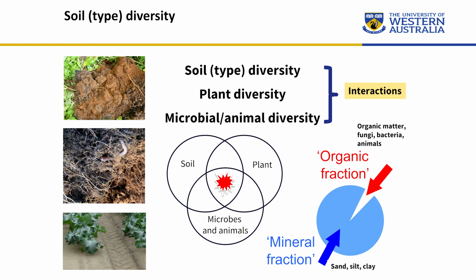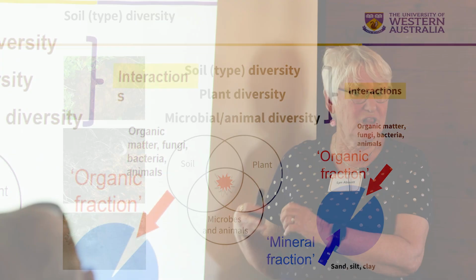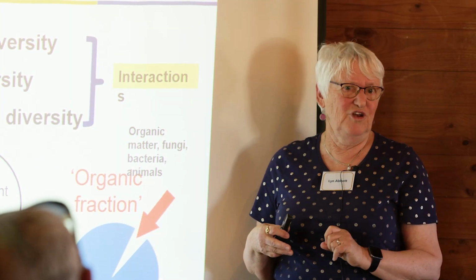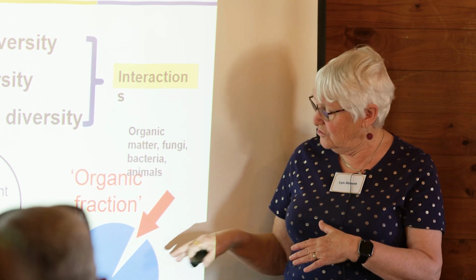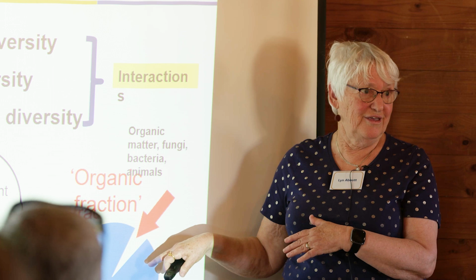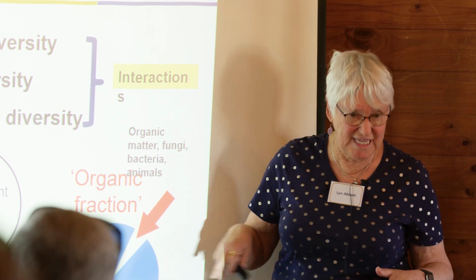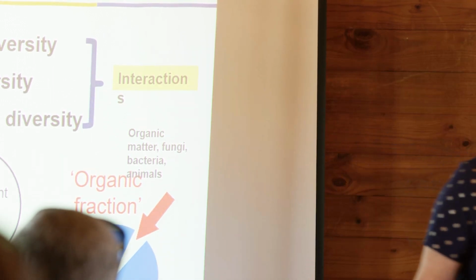So you get interactions, and if you look at what you've got in soil, we've heard already, a lot of mineral particles, sand, and a little bit of organic material, that's the roots and the organisms in soil. It's only a small amount, but it is very important. And it's very important that we manage the soils so they can do their work, because that bit is what's key to having the healthy soil.